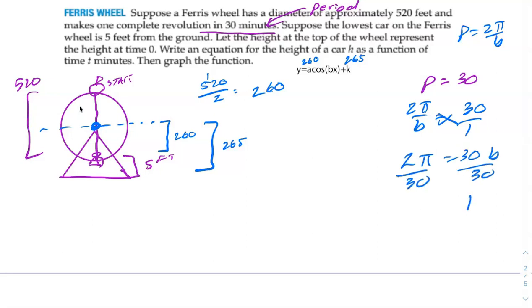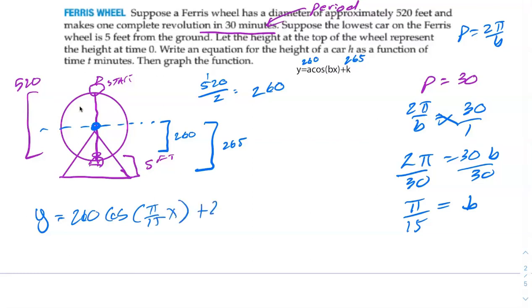I get B equals pi over 15 if we reduce it. So there's my equation. Y equals 260 cosine of pi over 15 x plus 265. There we go. I think they want me to graph it also.